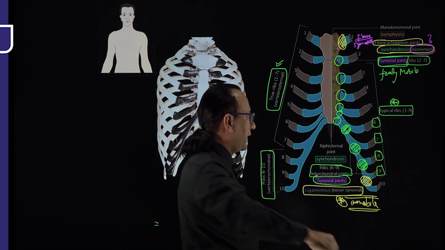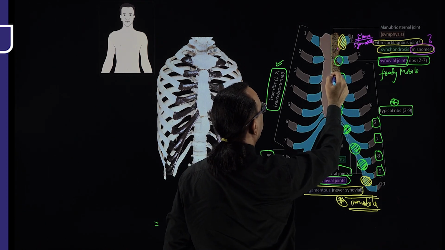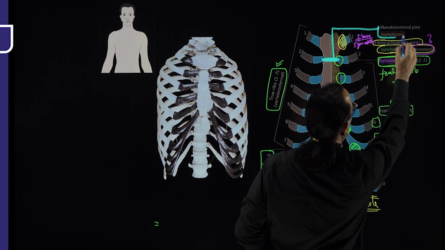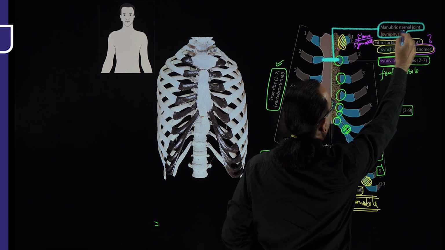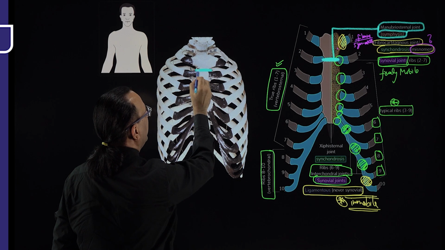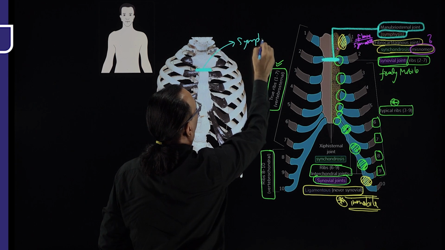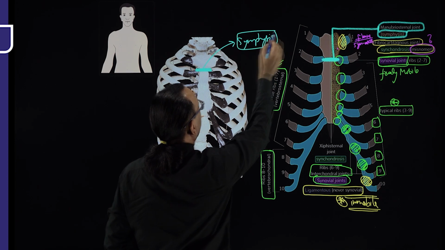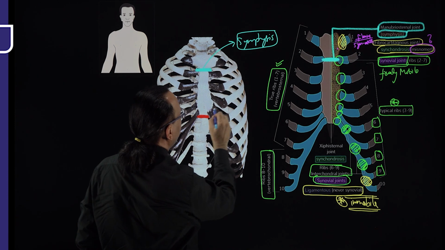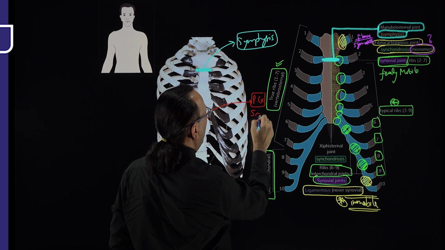Now, what about the joints between the sternum, the manubrium part and the body part? If we focus upon the manubriosternal joint, then the manubriosternal joint is a midline joint, a symphysis, a secondary cartilaginous joint. Then what about the xiphisternal joint? It is actually a primary cartilage joint, which is also called a synchondrosis.